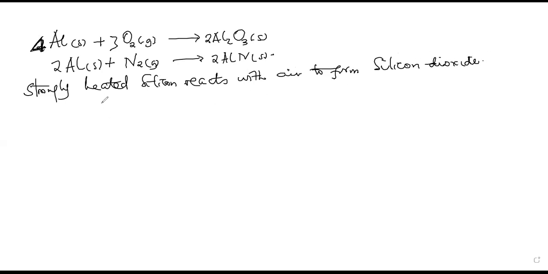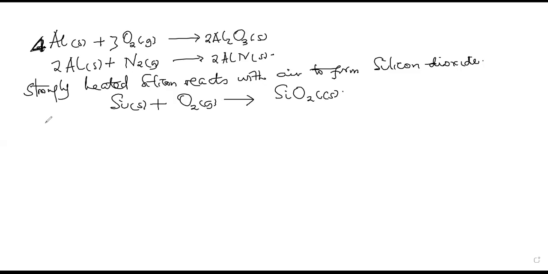So the equation is silicon solid plus air, we shall form silicon dioxide. Then after silicon, we go to phosphorus.